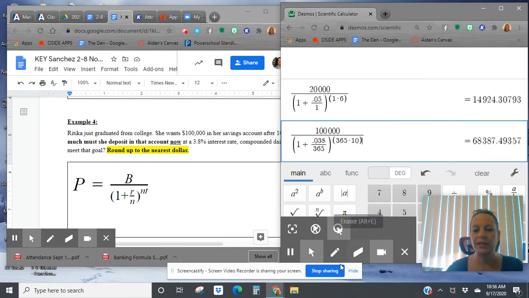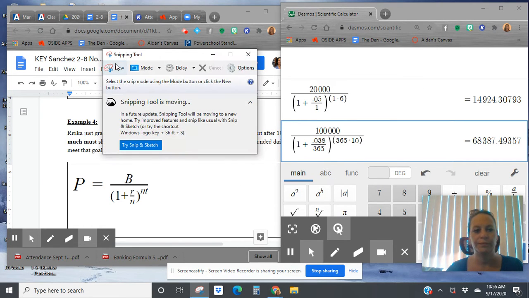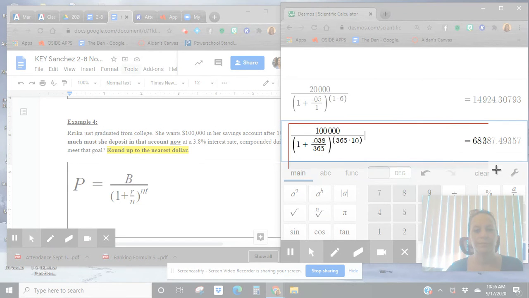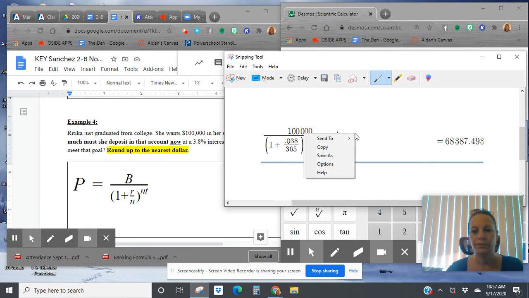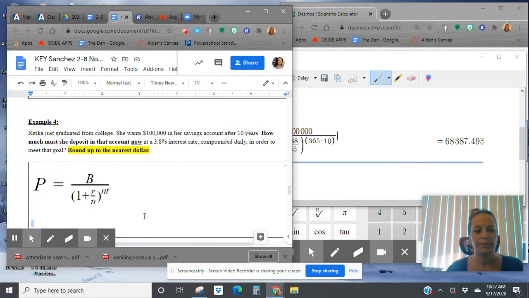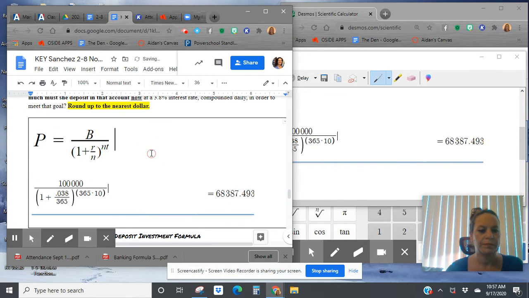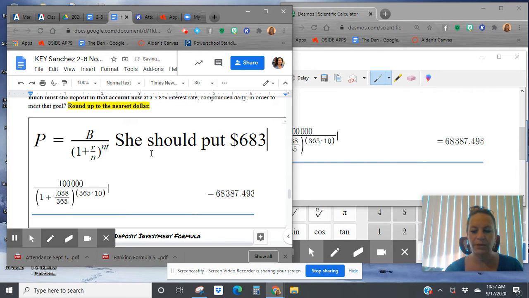And we're rounding to the nearest dollar. $68,387 is to the nearest dollar because we would round down.